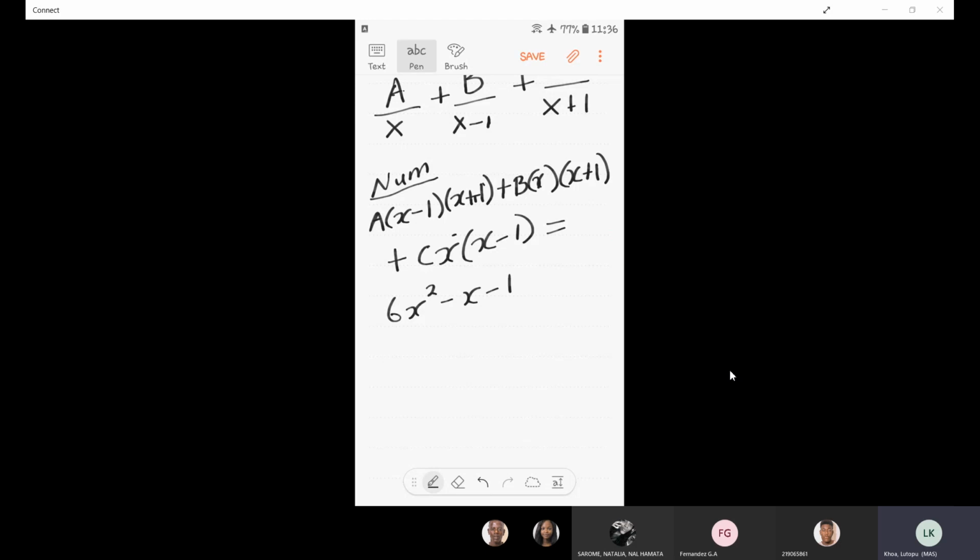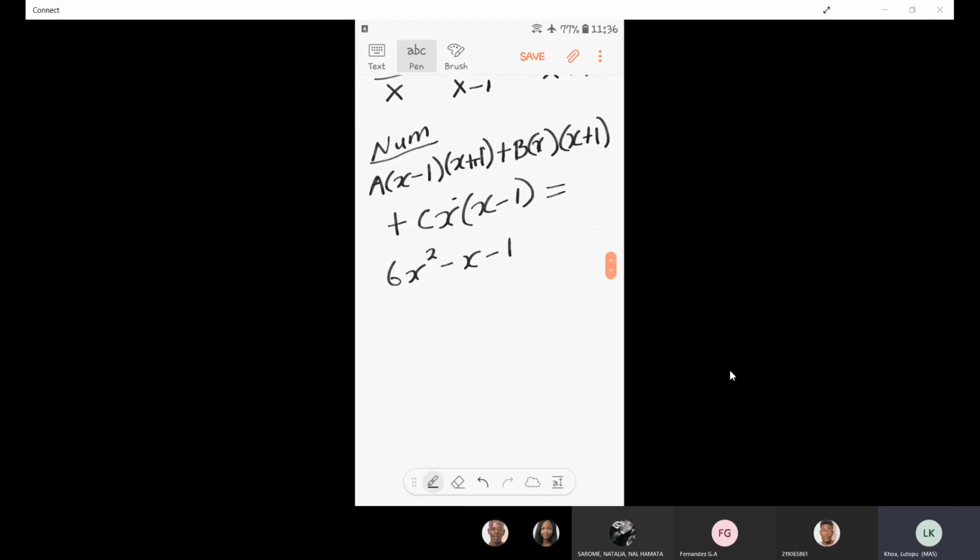Then we said there's a technique we can use where you want some terms to cancel. So you can start with when x is equal to 0. So when x is equal to 0, if I substitute x is equal to 0, you will see that this term over here will disappear because there's an x there.